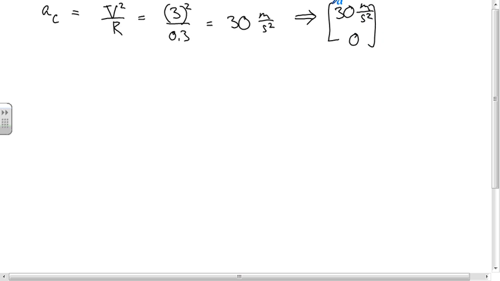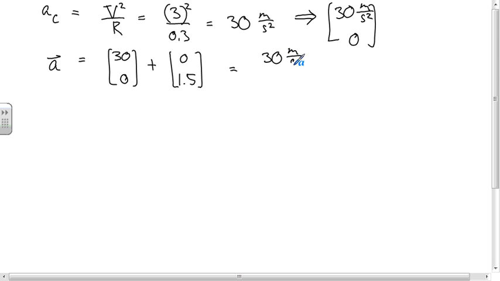And so to get the total acceleration vector, it's 30, 0, plus 0, 1.5. So you get 30 meters per second squared, 1.5 meters per second squared.